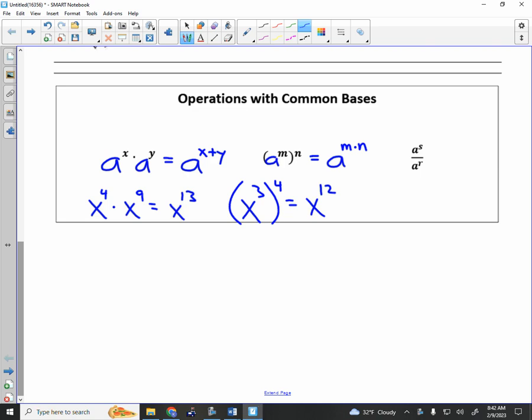And if you have a to the s and a to the r and you're dividing them, that's equal to a to the s minus r. You subtract those. Or in other words, if you had x to the 5th over x squared, you get an x to the 3rd.